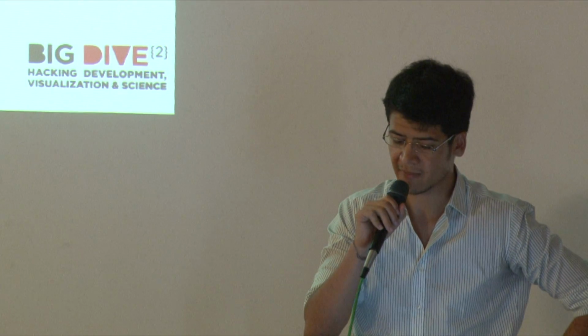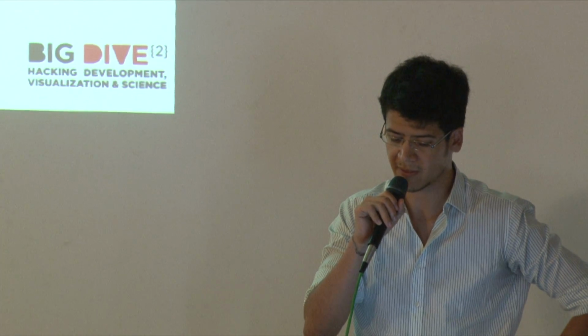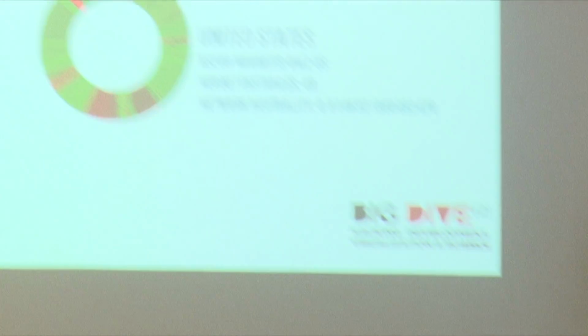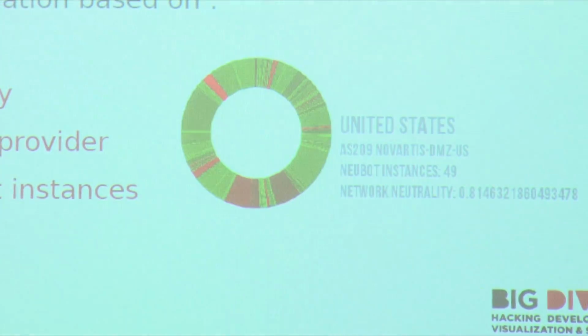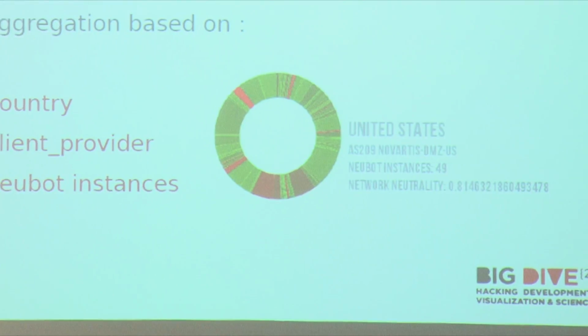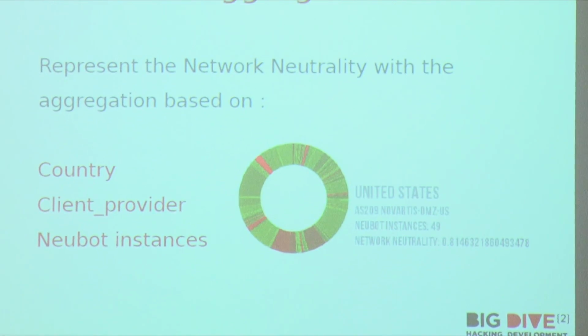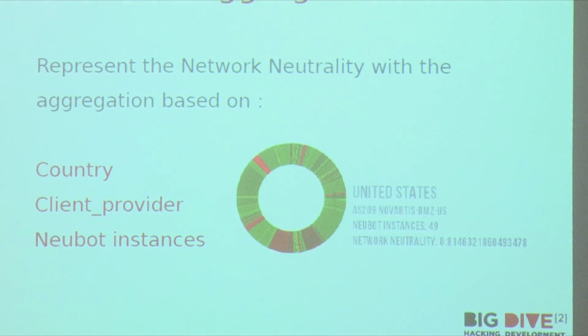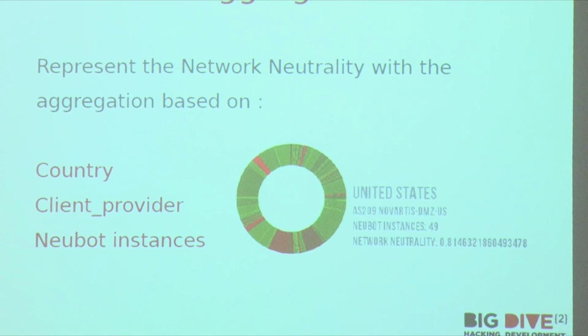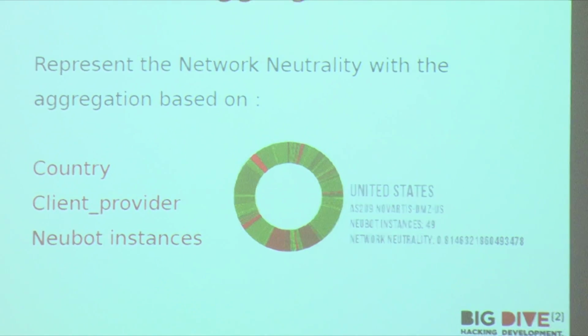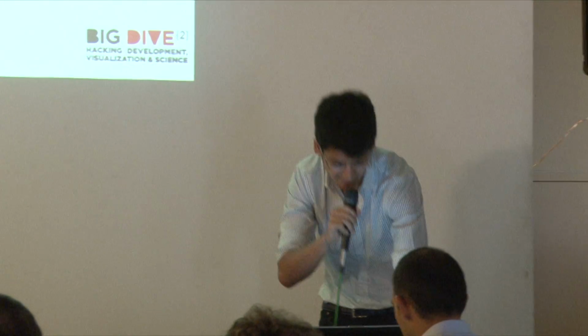And for each country and for each town, we can also give you some information about the provider that Neubot used for its network performance measurements and our estimated value of network neutrality. So we decided to aggregate the data by country, client provider, and Neubot instances.